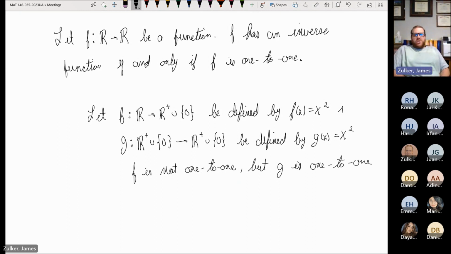F is not 1-to-1, but G is. We will be making use of this nice little fact when we study the trig functions.